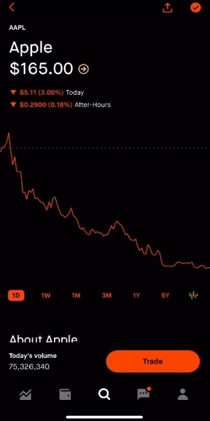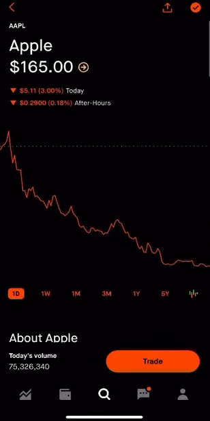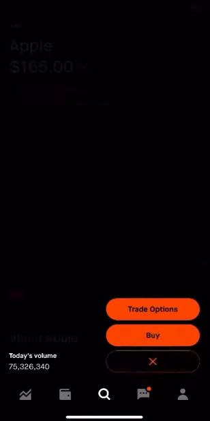All right, the first type of option contract we're going to go over is a call option. If you think the stock is going to go up, then you would go for a call option. There's two types of call options you can make. If I go over here, so you might not actually have this available if you just set up a Robinhood account. You do have to set yourself up for options.